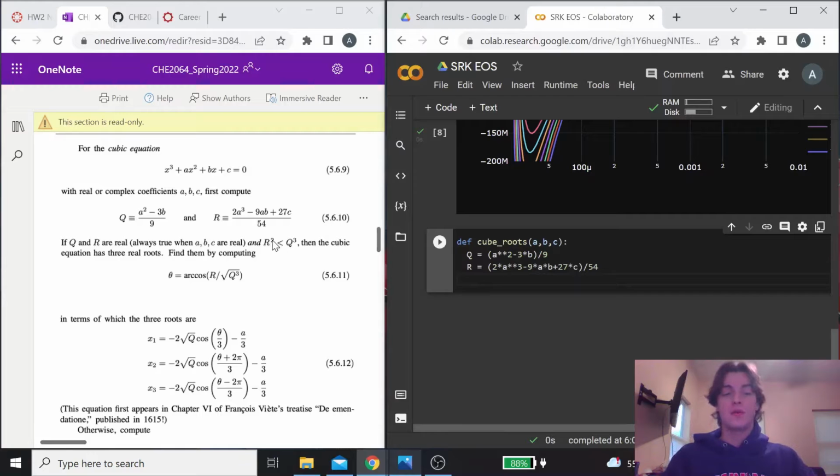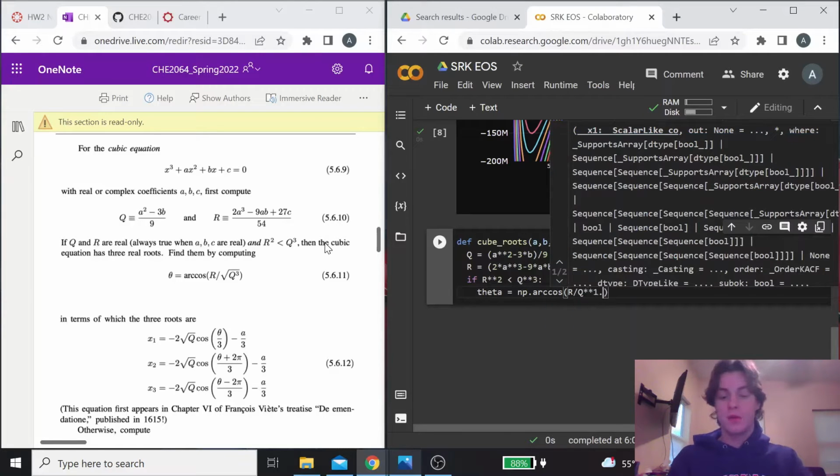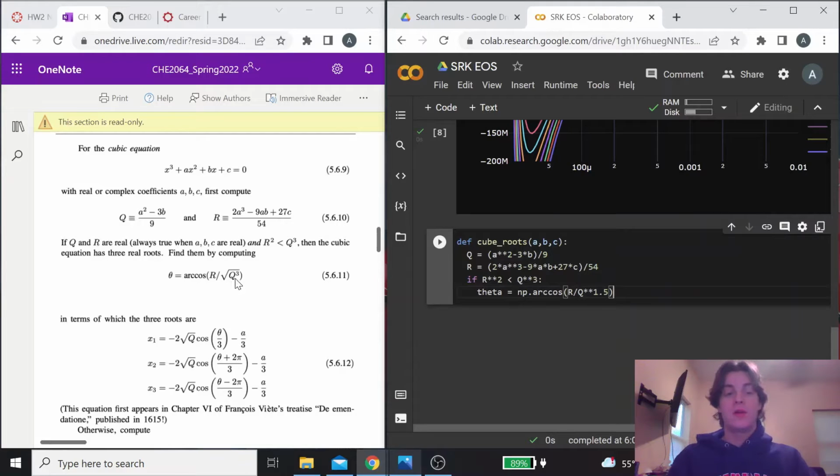And if r squared is less than q cubed, we're going to have 3 roots, and we calculate those roots by first calculating theta, which is the arc cosine of r divided by q to the 1.5 power, because over here we have q cubed, and then we take the square root of that, and that is the equivalent of q to the 3 over 2.